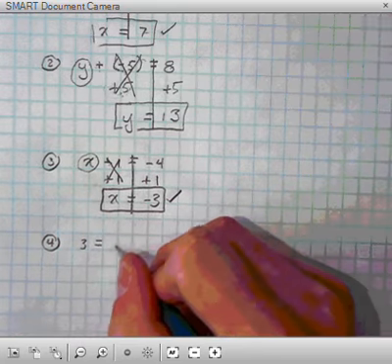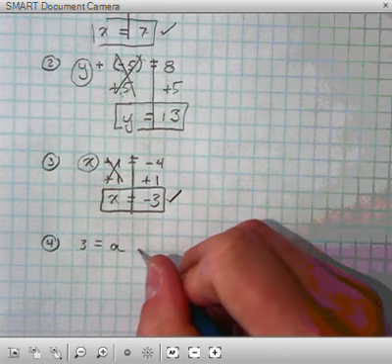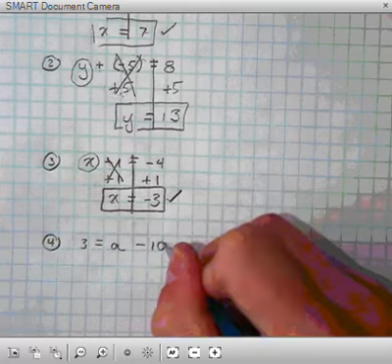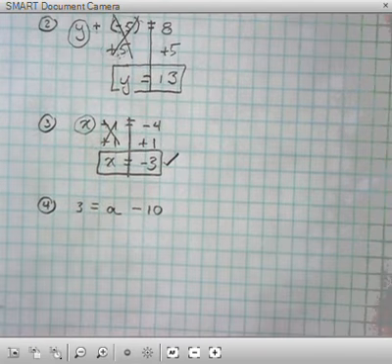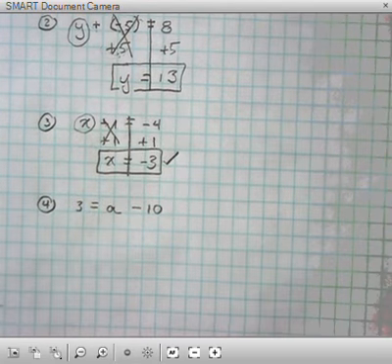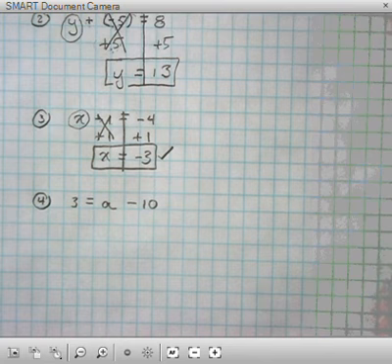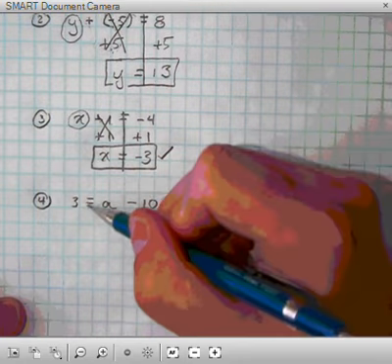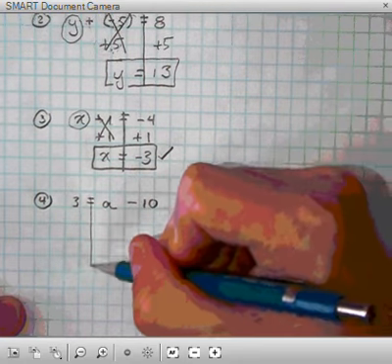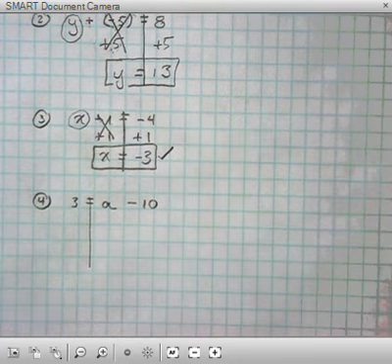Try this one on your own. 3 equals a minus 10. What's my first move?